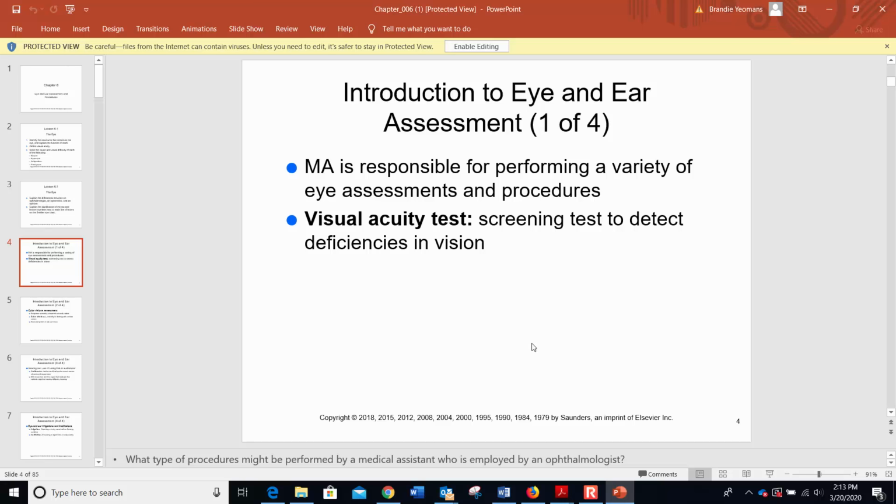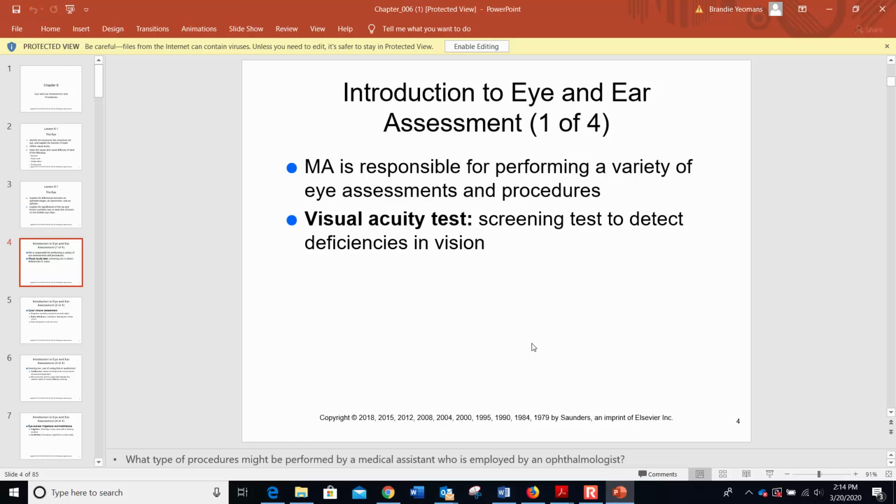So let's start out with talking about visual acuity. And basically that term visual acuity means that we're looking at and measuring the acuteness and sharpness of the patient's vision. So how do we do that? We use different instrumentation to do that. But let's talk about the different errors of refraction, which is basically what we talk about as being the problem with our eyes, our vision.